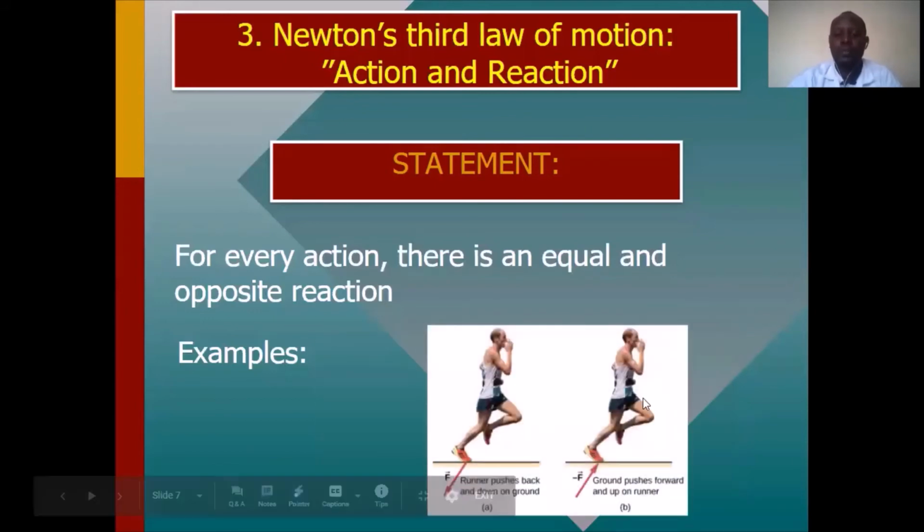And also, for the runner who is moving, the person is pushed back and down on the ground. We have this force. And also the ground will react with the same force, but opposite.